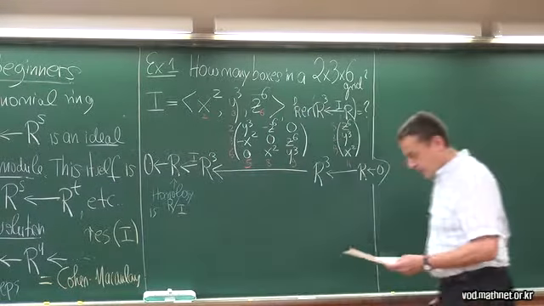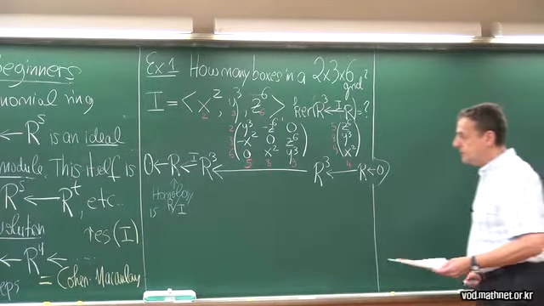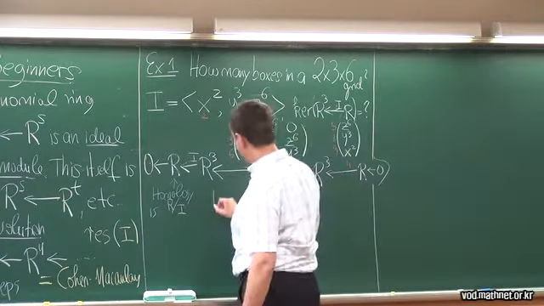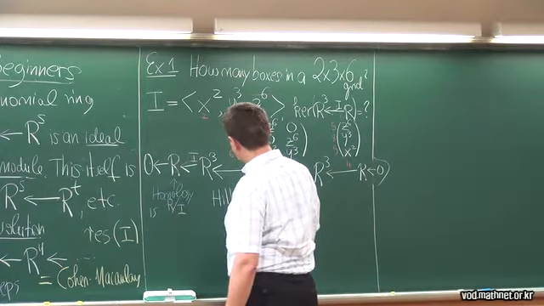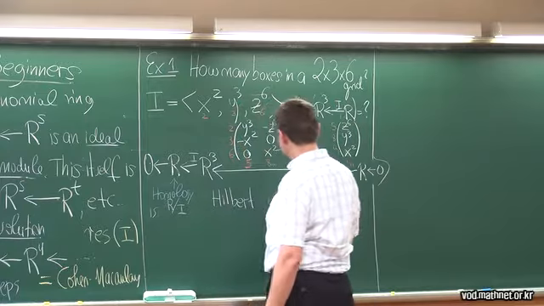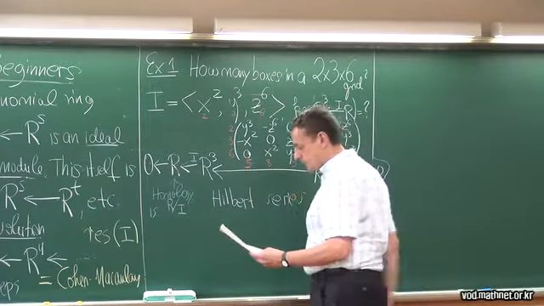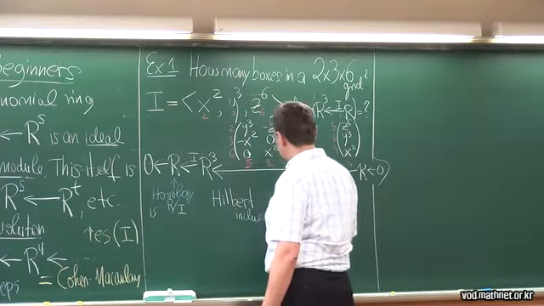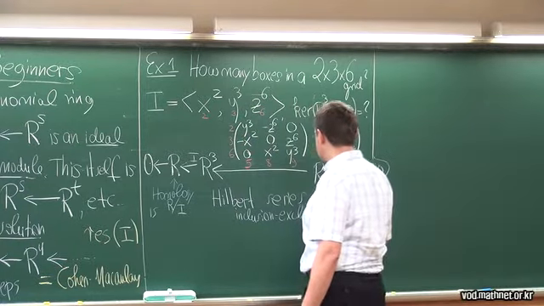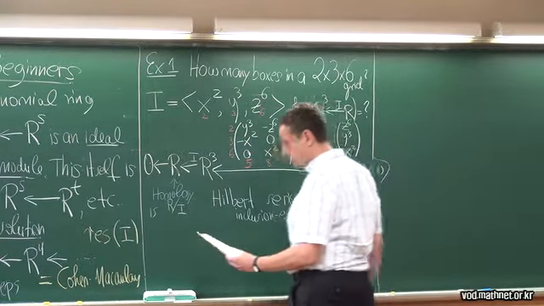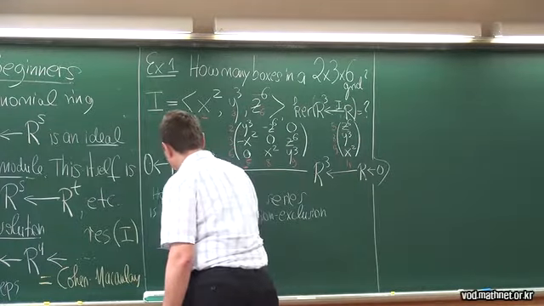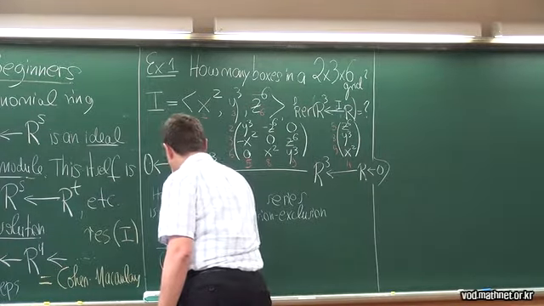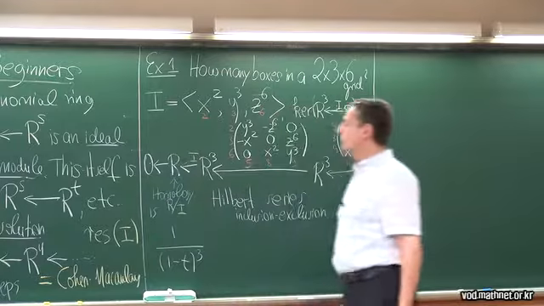Okay? So now let's do the counting. Right? So the counting is done by the Hilbert series, named after the same Hilbert for the same reason. So we think about this sequence as a process of inclusion, exclusion. So, well, first of all, let's write down the generating function for R. Right?